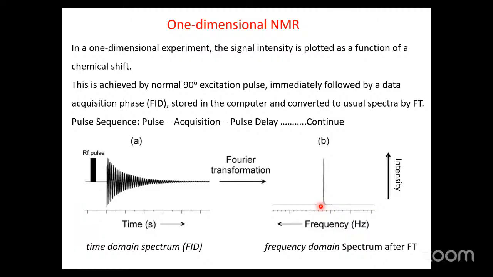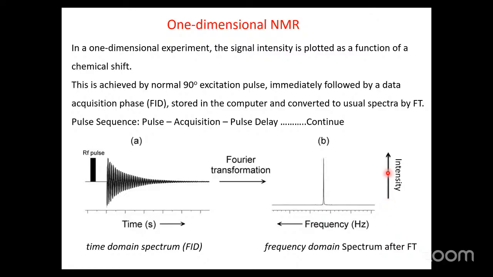So students, you must be knowing what we are doing in one dimension to get the one dimension NMR spectrum. The signal intensity is plotted as a function of chemical shift. So on the x-axis we have the chemical shift and the y-axis will be the intensity.